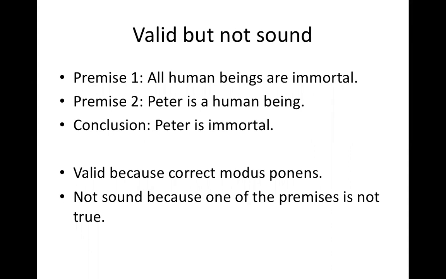There is incorrect information in premise one, and it affected the conclusion. So the argument is valid, but not sound. For an argument to be sound, it has to be valid and also true. If an argument is valid but not true, then it is not sound. Soundness needs both validity and truth.